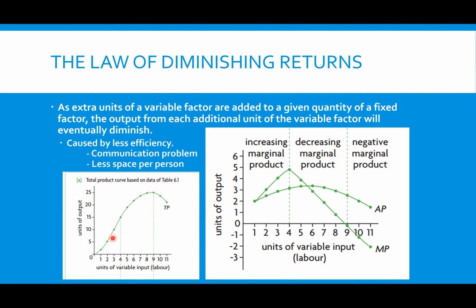So it's basically the knowledge of calculus, but if you look at the slope of this graph, the tangent of this graph, it's very steep at first, very steep, but from some point this steepness will decrease. That is this decreasing marginal product. When the MP becomes negative, that is when total product is falling. You don't have to necessarily understand fully what I just said, but if you understand, that's great.